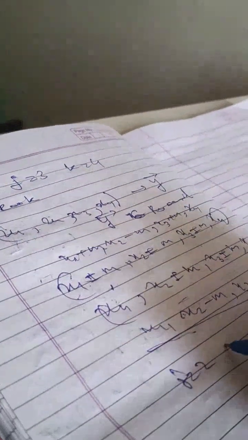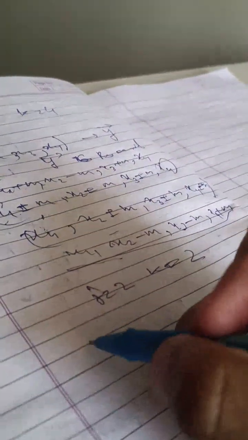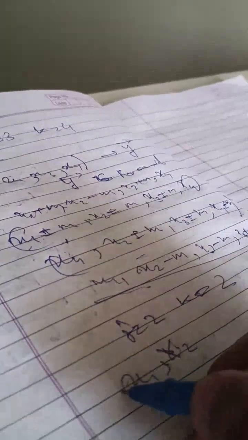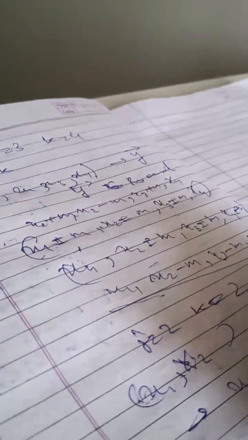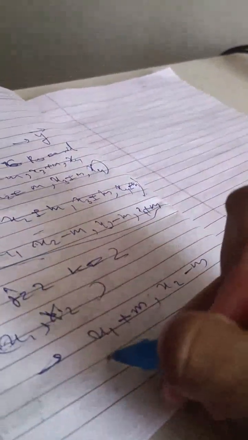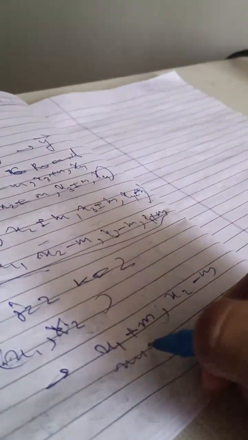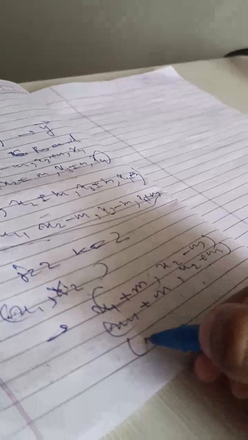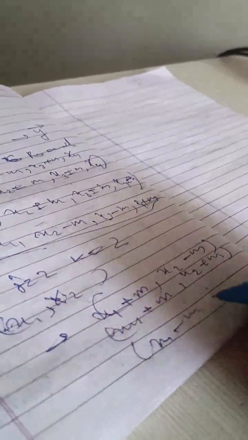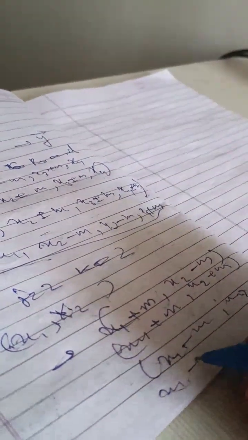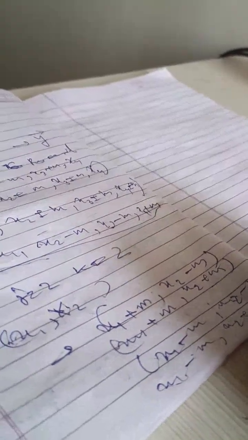For j equal to 2, k equal to 2, you have a bishop where x1, x2 simply goes to x1 plus m, x2 minus m, or x1 plus m, x2 plus m, x1 minus m, x2 minus m, and x1 minus m, x2 plus m.